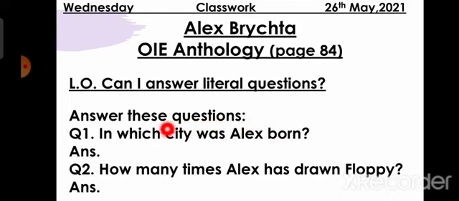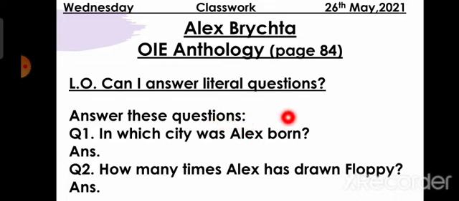Okay. Our first question is, in which city was Alex born? Here you have to write the name of the place where Alex was born. And you have to write the full answer, not a one-word answer. You will start your answer from here.